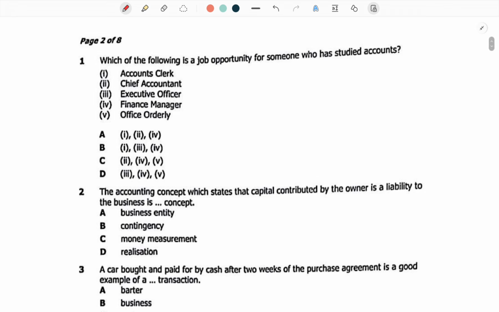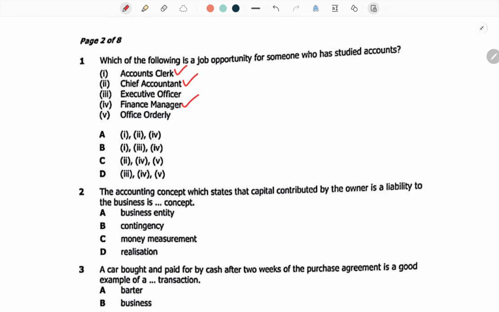The first question says, which of the following is a job opportunity for someone who has studied accounts? There's accounts clerk, chief accountant, executive officer, finance manager, office orderly. A person who has studied accounts can become an accounts clerk, a chief accountant, and at the same time a finance manager.